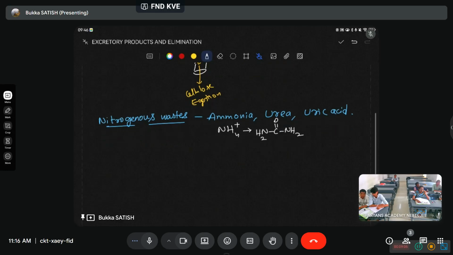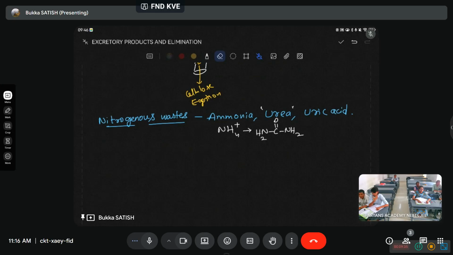For example, if you take our case, what is the main nitrogenous waste that we excrete? Urea. So in case of human, urea is the important nitrogenous waste. In the form of urea, we are actually excreting this thing. So we are actually ureotelic. Yes or no?